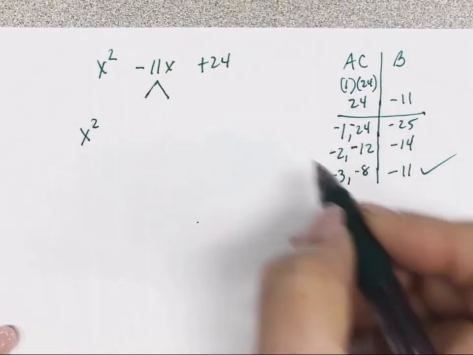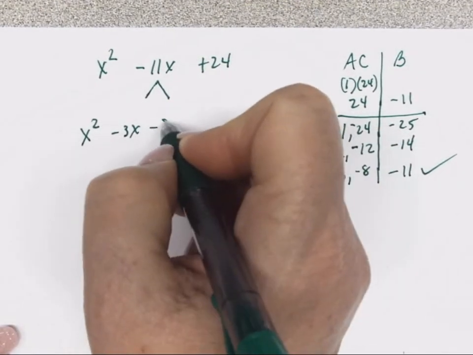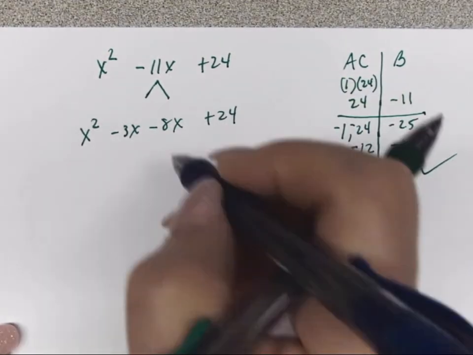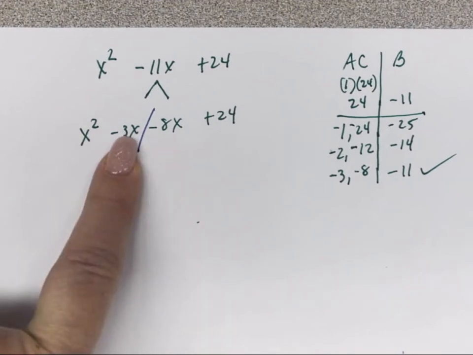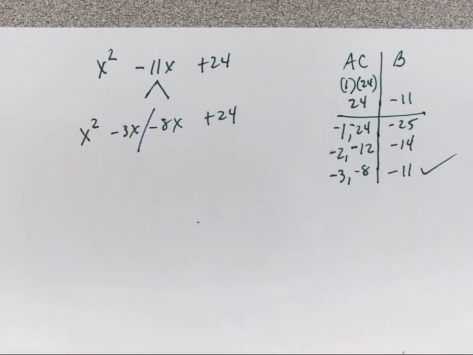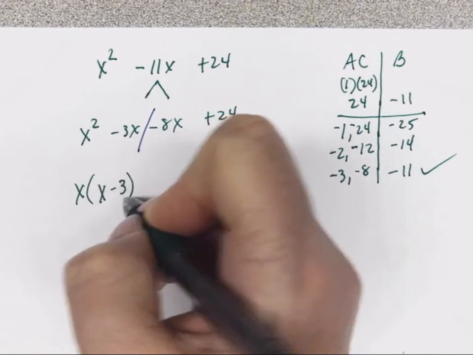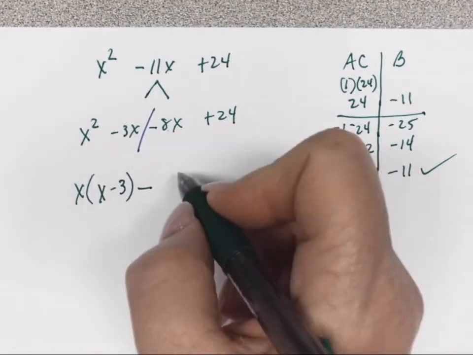So x squared minus 3x minus 8x plus 24. 4 terms, I factor by grouping. Between here and here, the x squared and the 3x, I can factor out an x, and I'm left with x minus 3. Break down the negative sign between 8 and 24.